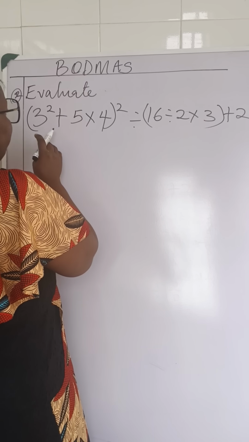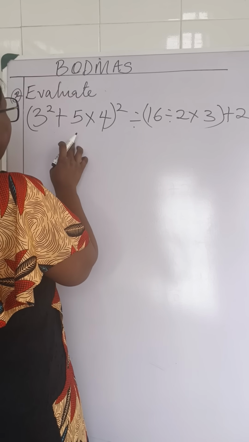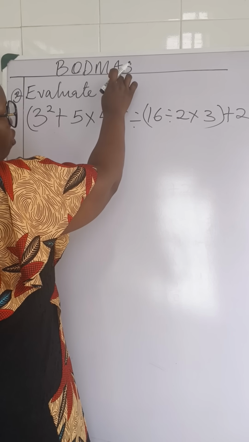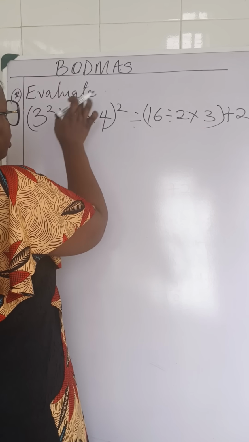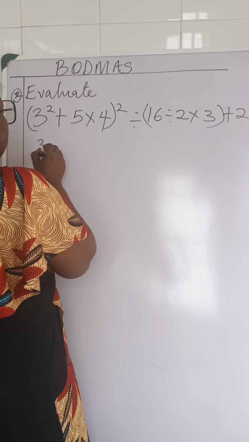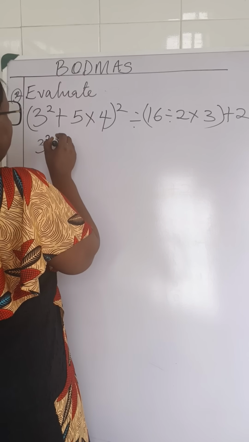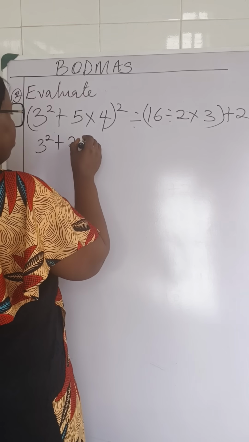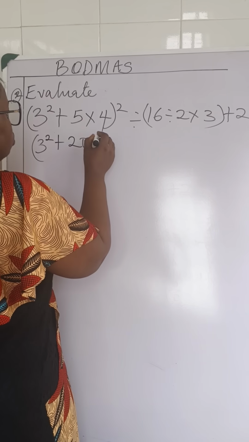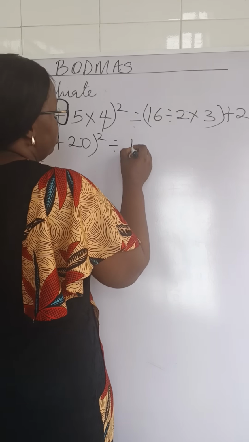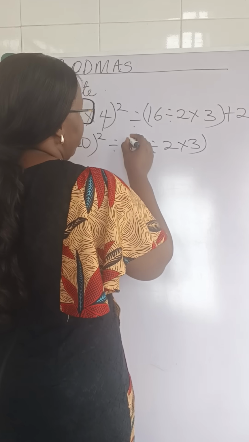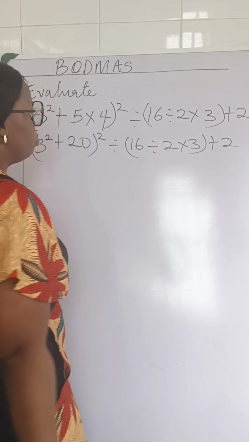So our row here will be, remember that multiplication comes before addition, so we're solving this in the bracket first. So we're going to have 3 squared plus 5 times 4, which is 20, bracket close, squared, divide by 16, bracket, plus 2.